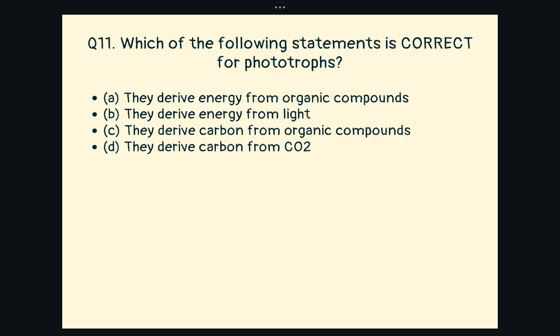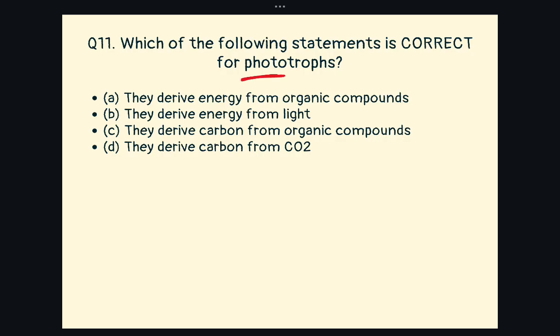Which of the following statements is correct for photoautotrophs? Phototrophs are organisms that use light as their primary energy source. Now see, photo means they are using light for their energy source. Now with this question we can clear more terms.